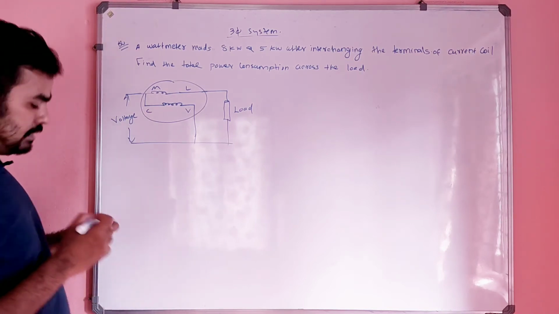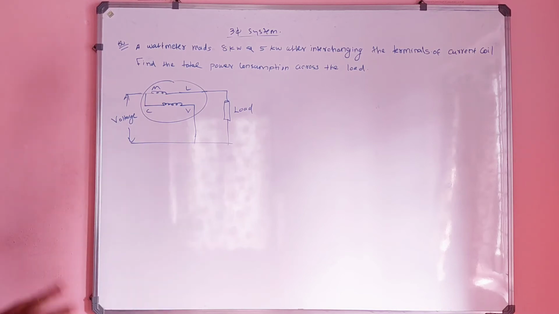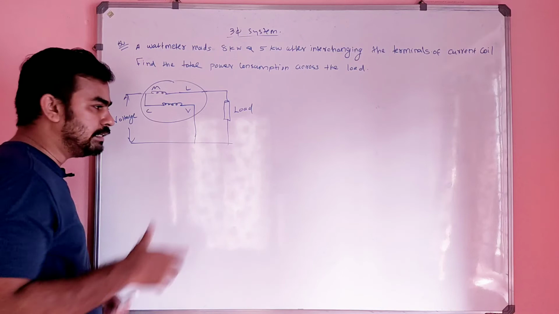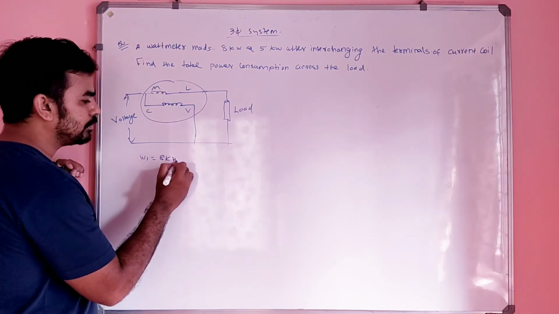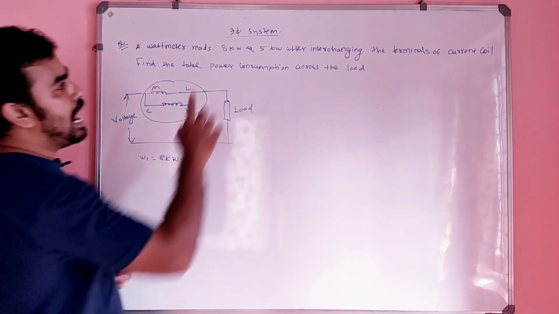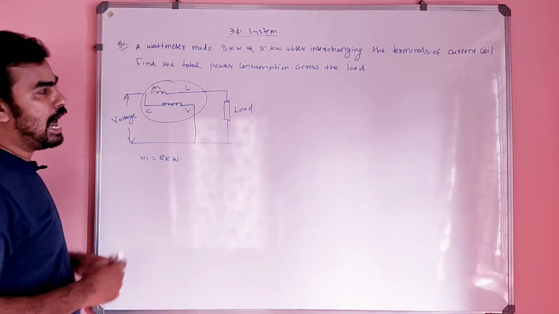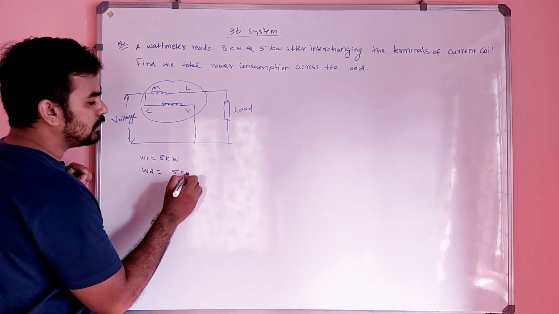So the question is, a wattmeter reads 8 kilowatt the first time. Normally when it is connected, it reads 8 kilowatt. Let W1 equal 8 kilowatt. And 5 kilowatt after interchanging the terminals of the current coil, that is W2 equal to 5 kilowatt.